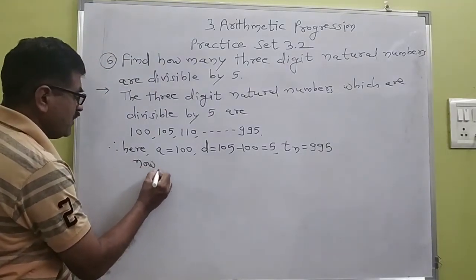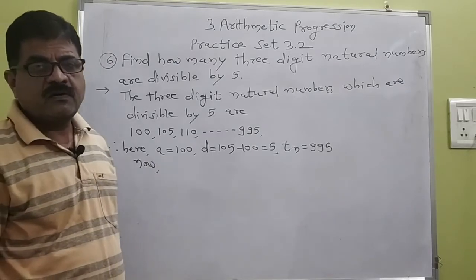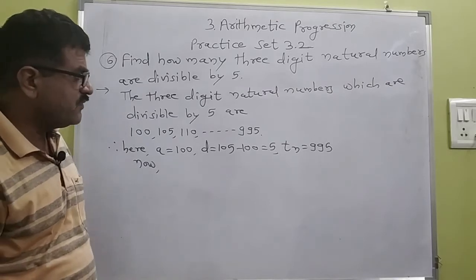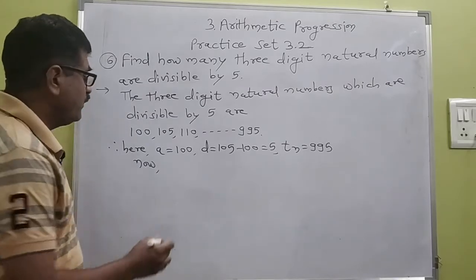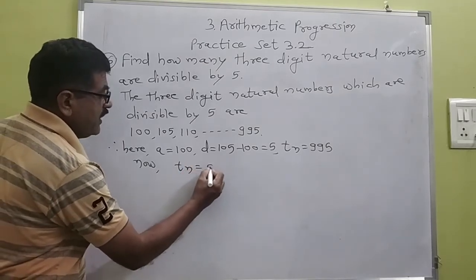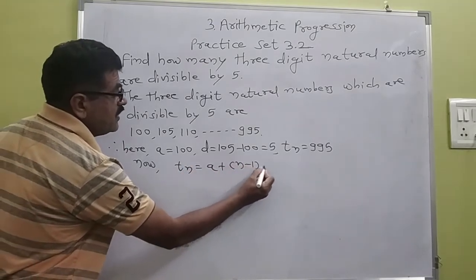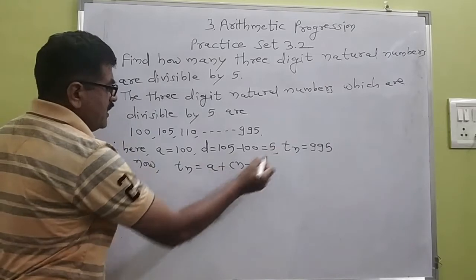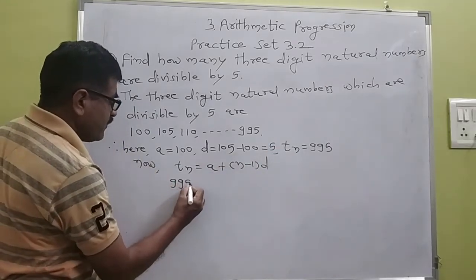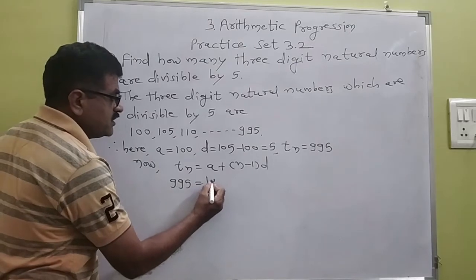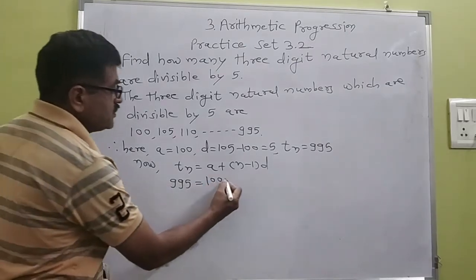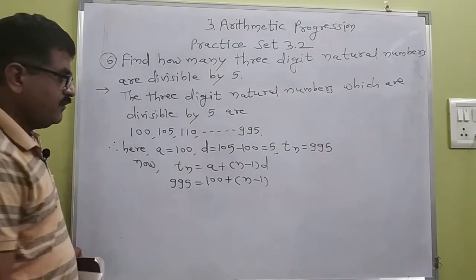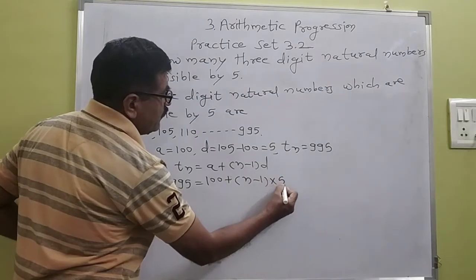Now write down the formula. What is the formula for the nth term? We know that the nth term of a sequence is Tn equal to a plus n minus 1 into d. Now put values. 995 is equal to a, which is 100, plus n minus 1, we have to find the value of n, into d, which is 5.